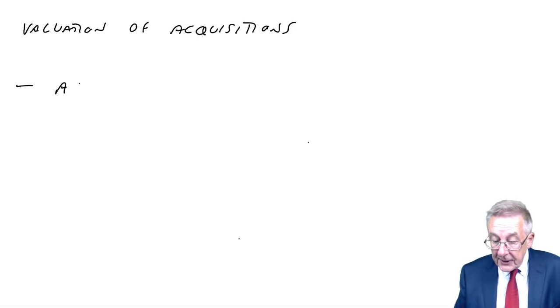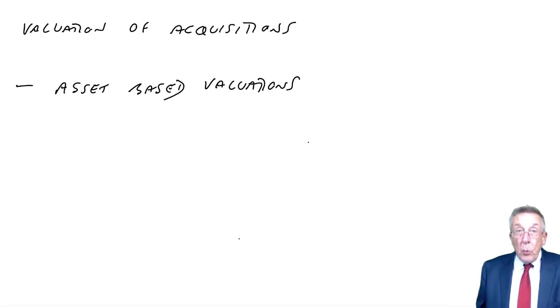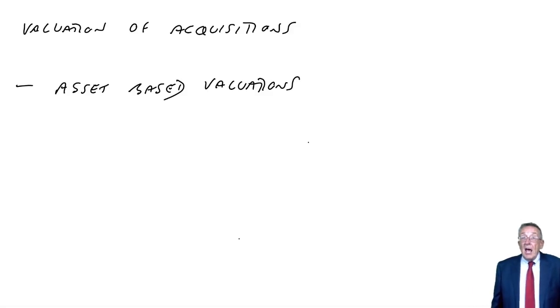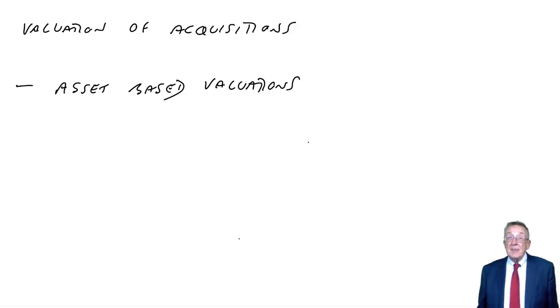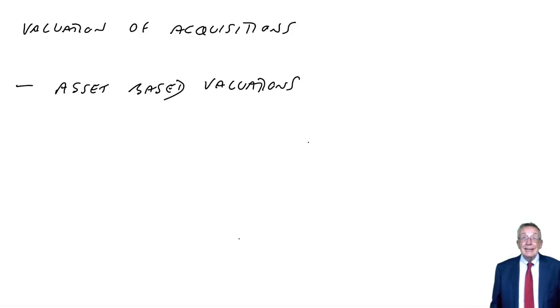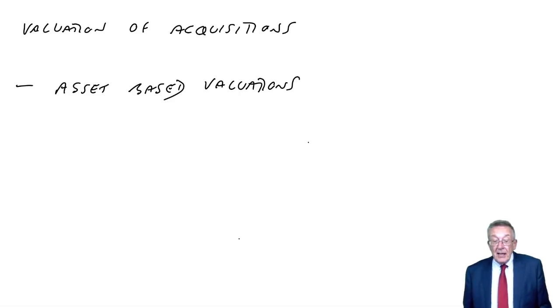But what we call asset-based values, where all we're doing is looking at the net assets of the business we're talking about and taking the value of those net assets, assets less liabilities.